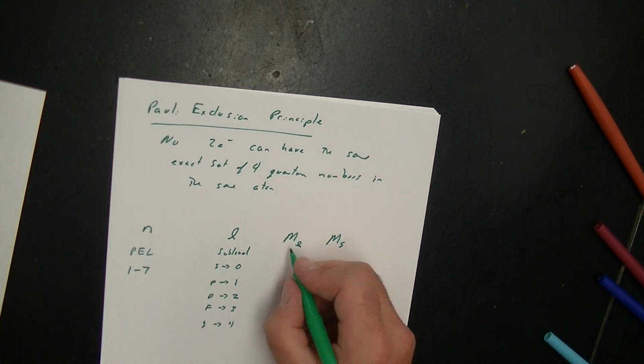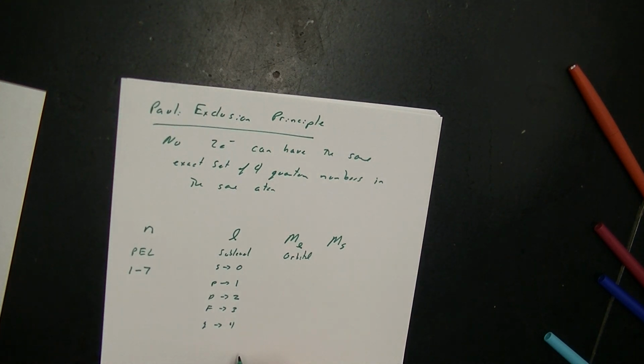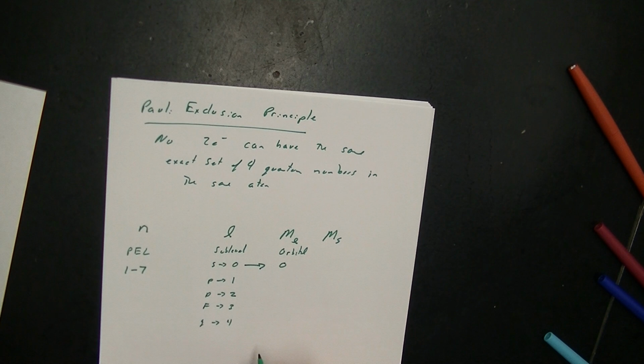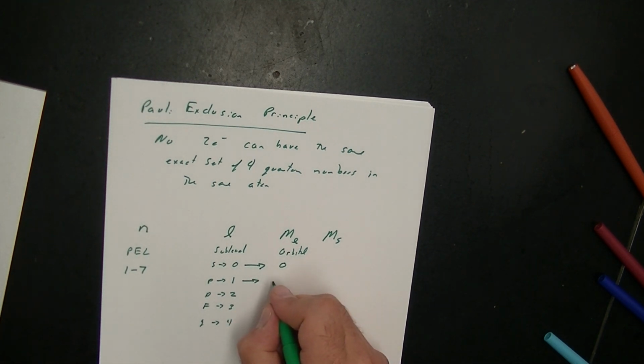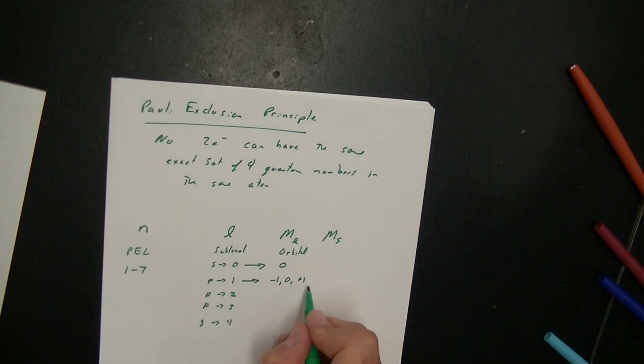M sub L tells us what orbital. S only has 1 area of space, so it's going to be 0. A P has 3 areas of space, so we'll either be in -1, 0, or +1, X, Y, Z. A D has 5 areas of space, so it's either going to be -2, -1, 0, +1, or +2.